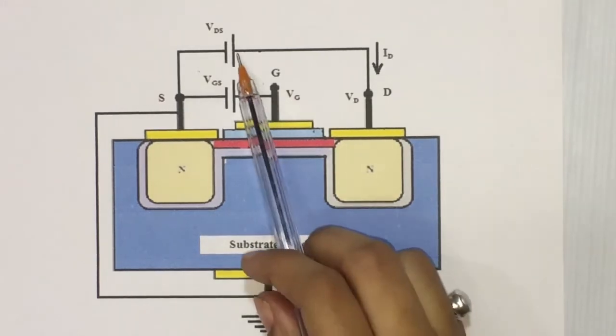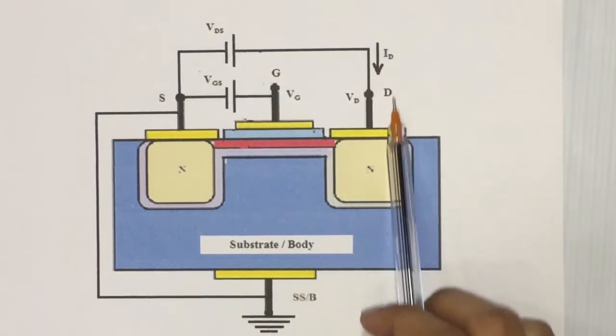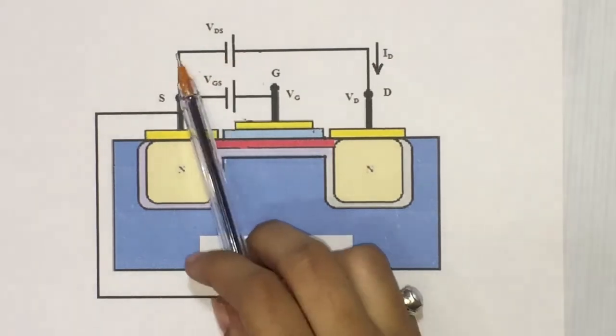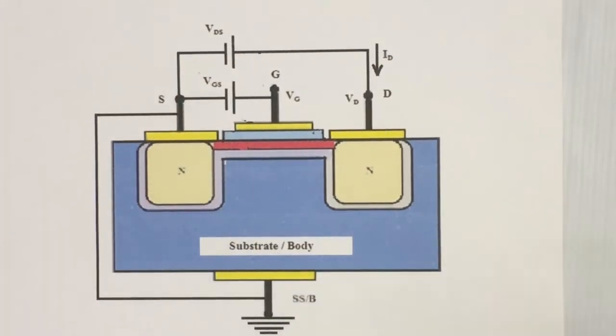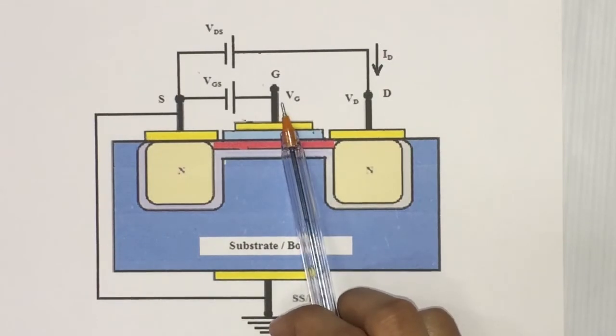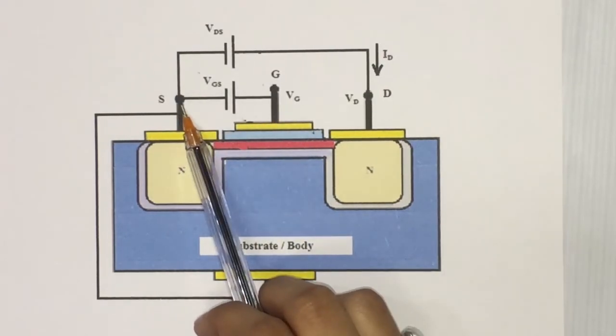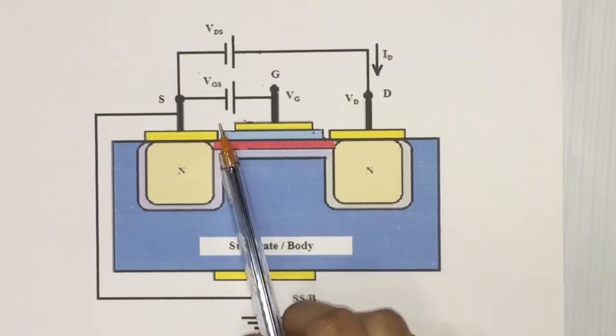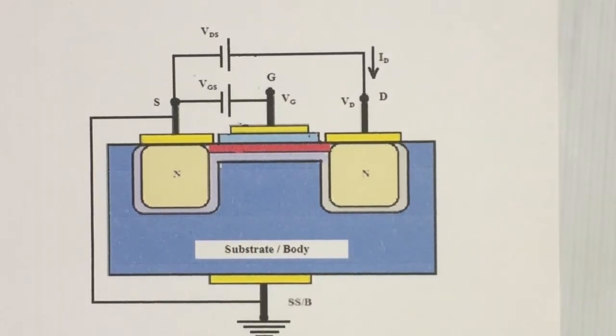Current will flow between drain and source only when the source and drain are at different potentials. So, we connect the positive terminal of the battery to the drain and the negative terminal of the battery to the source. Now we apply a positive voltage to the gate G compared to the source S by introducing another battery. Now we want to find out the effect of VDS on the depletion layer, and for this purpose we need to find the voltage VGD.